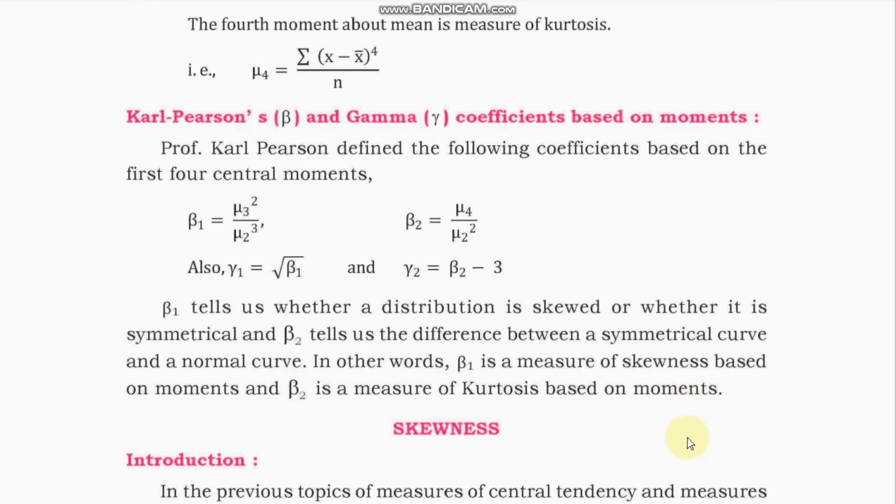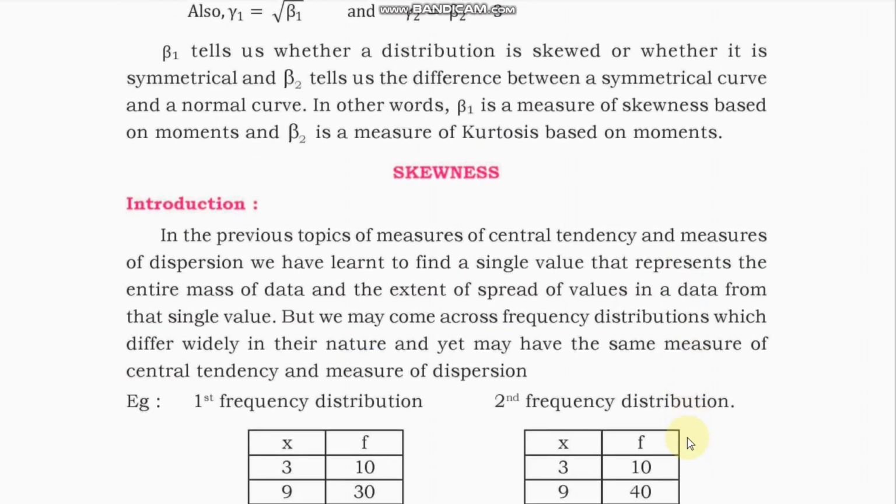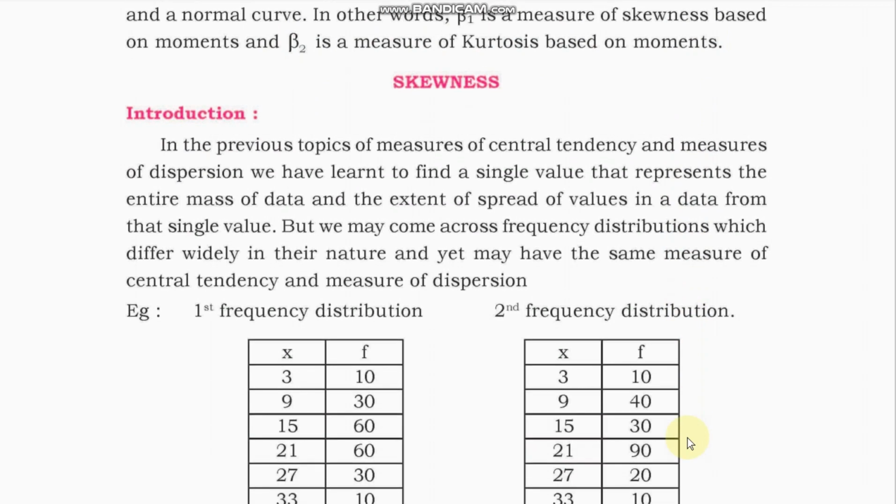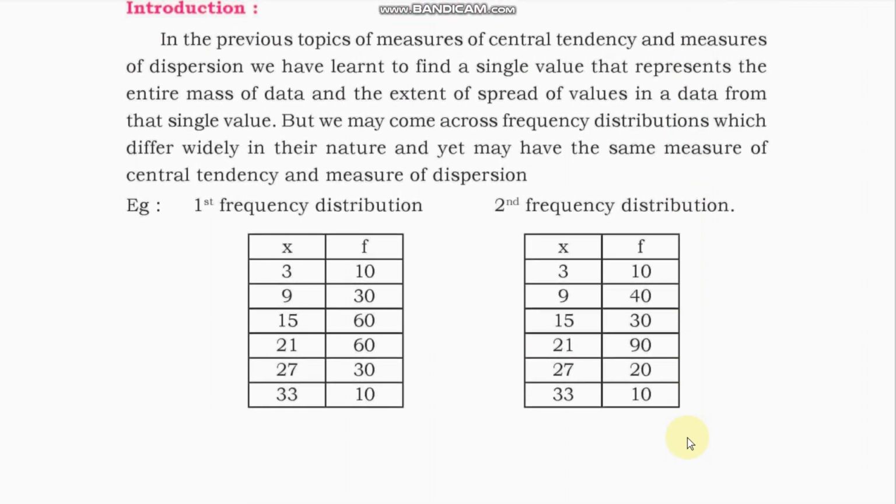Now let us look at the last measures, that is the measures of skewness and kurtosis. Previously we had studied the measures of central tendency and measures of dispersion. We learned about a single value that represents the entire mass of data, and the extent of the spread of values in the data from that single value.